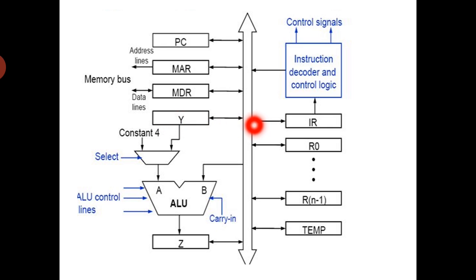Now what we have to do is transfer the data which is present on the bus into this Y register. So we have to activate the input control signal, Y in. First we activate the R1 out control signal, next we activate the Y in control signal.